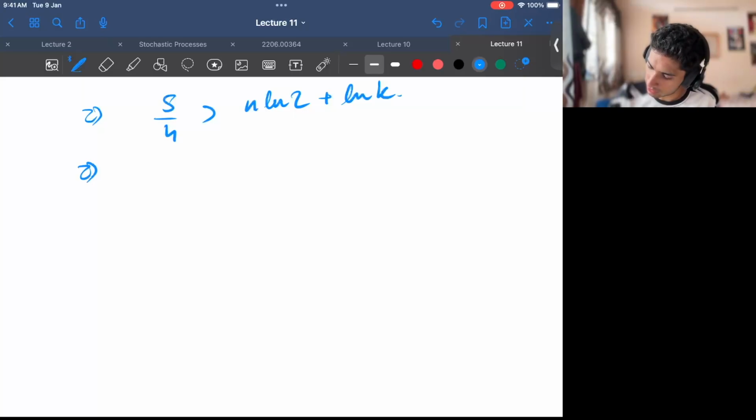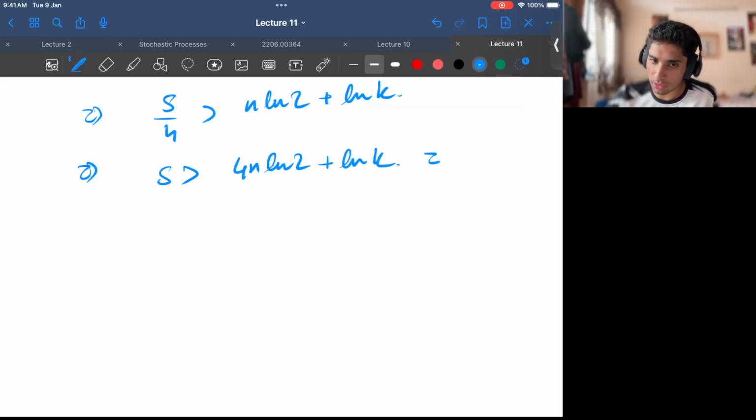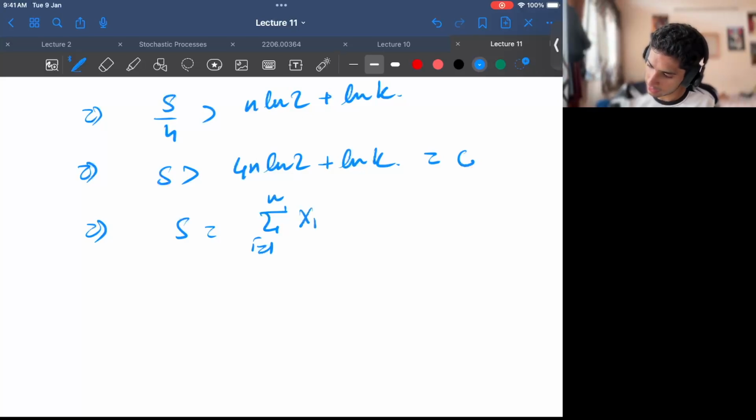This implies that s should be greater than 4 times n ln 2 plus ln k. Let's call this a new constant c, right? So this implies that s, which is equal to summation i equal to 1 to n xi, should be greater than some c.